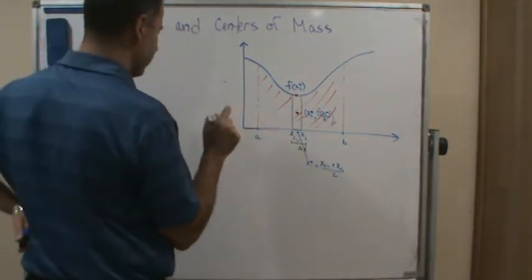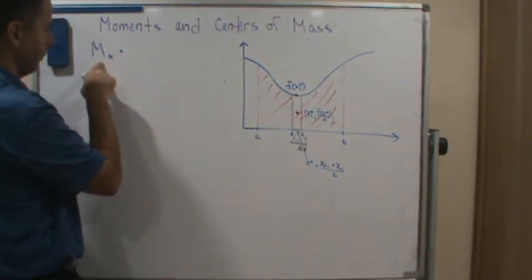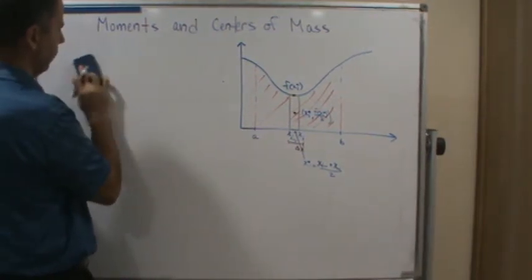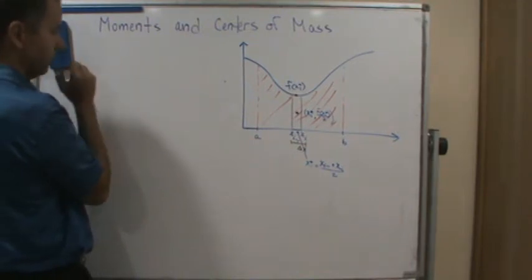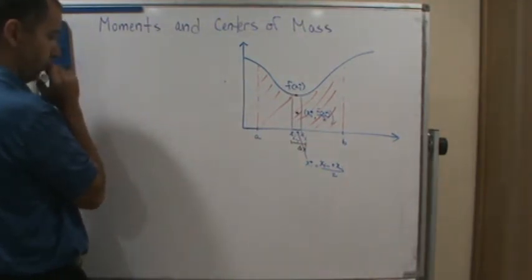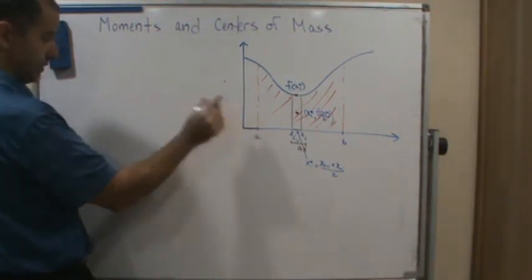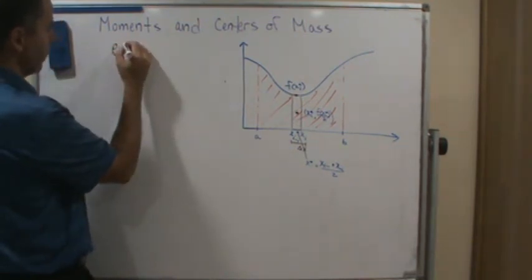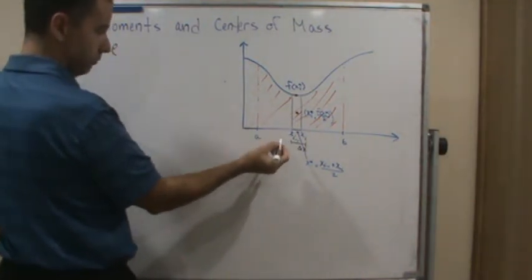So we're going to take the mass, so the moment M sub x, okay? And so let's start with the one rectangle. So if we want the moment of this rectangle, then the moment of the rectangle is going to be the mass of the rectangle, which we already calculated was rho times the area, right?